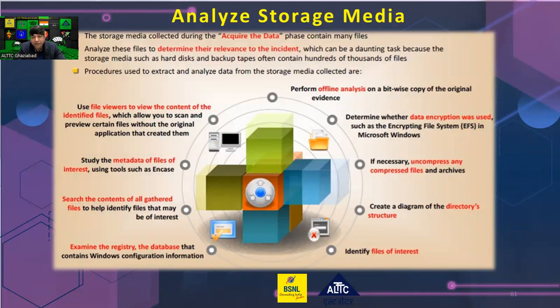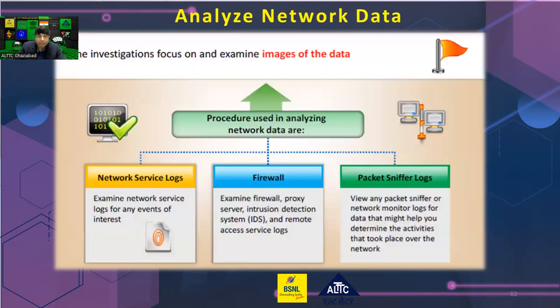If necessary, uncompress any compressed files and archives. Create a diagram of the directory structure. Examine the registry, the database that contains Windows configuration information. Identify the files. The investigation focuses on examining the image of the files.